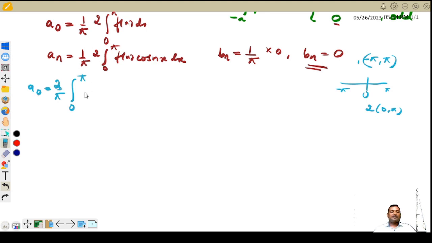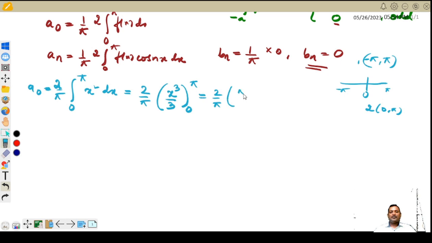0 to pi f of x. F of x value is, we know, x square into dx. So you can write 2 by pi, integration of x square is x cube divided by 3 between the limits 0 to pi.